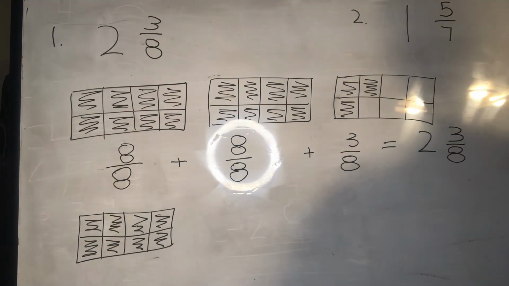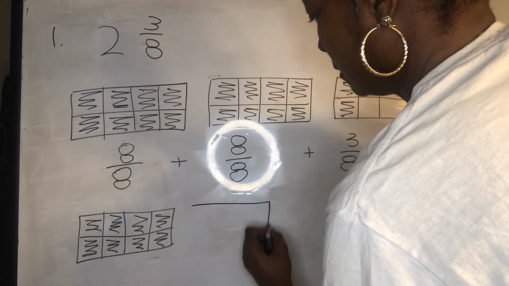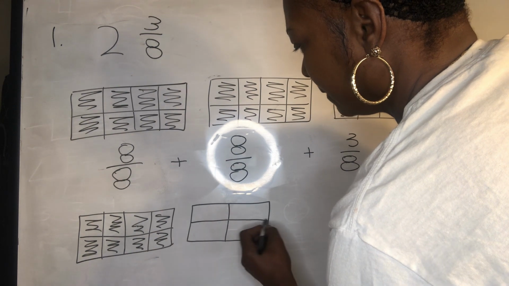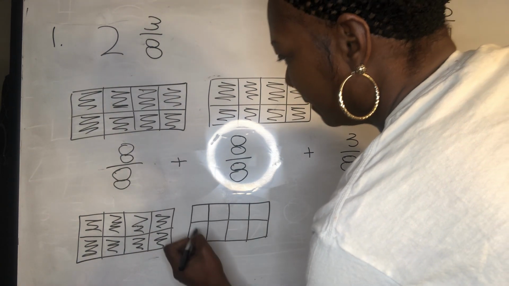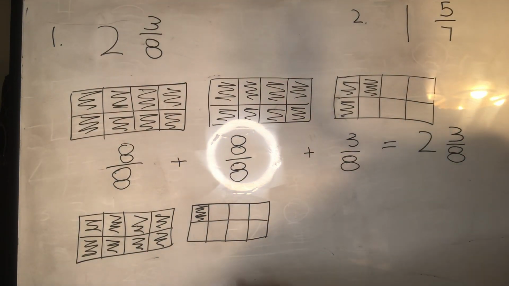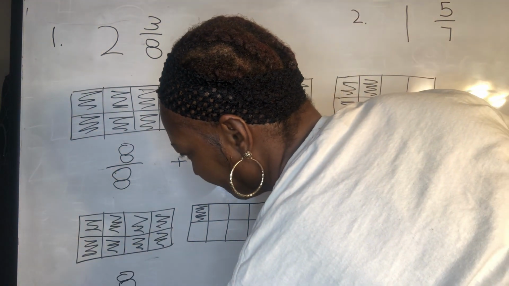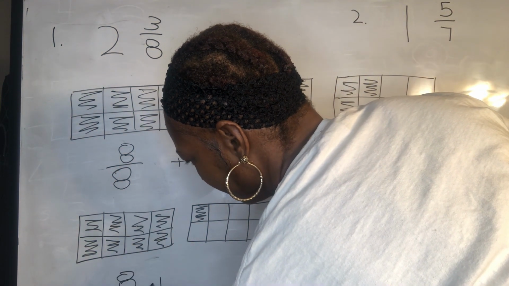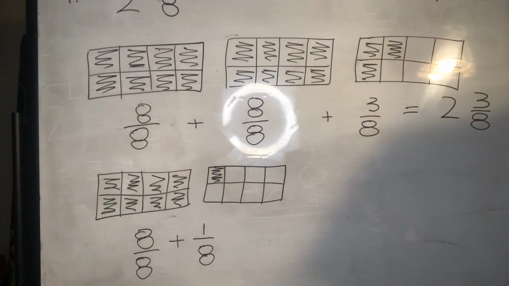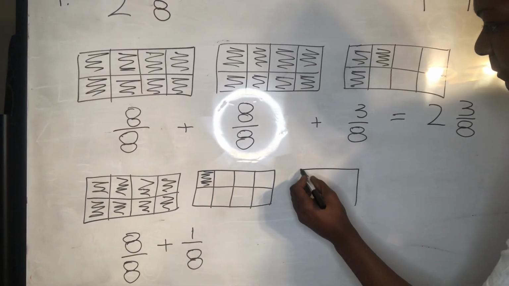And from that whole, I'm going to take a part of this fraction. So therefore, I need another box drawn. And I'm going to just take 1/8 with me. So over here, this represents 1 whole, which is 8 over 8, plus 1 over 8, right? And then I still have another whole I didn't use yet. So I'm going to use that one too.